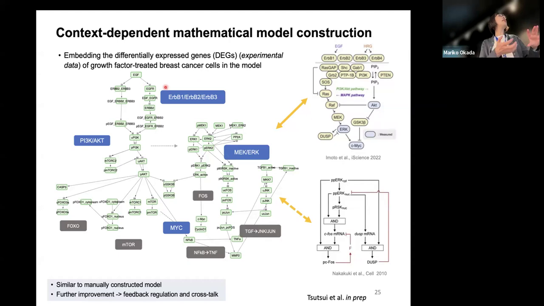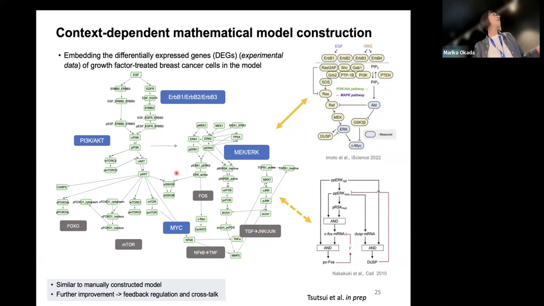We also used such a literature-based network and combined it to the network nodes. And we also used the BioModels nodes. Then we could get those networks in a data-driven manner.